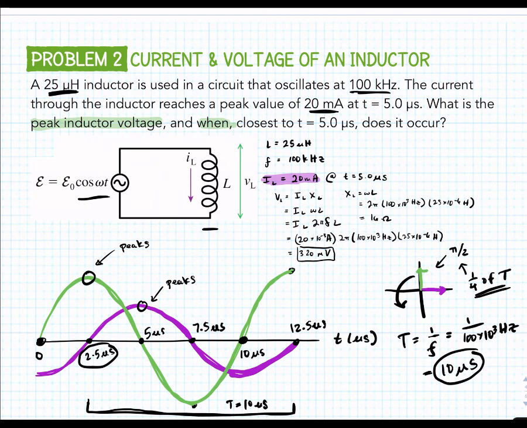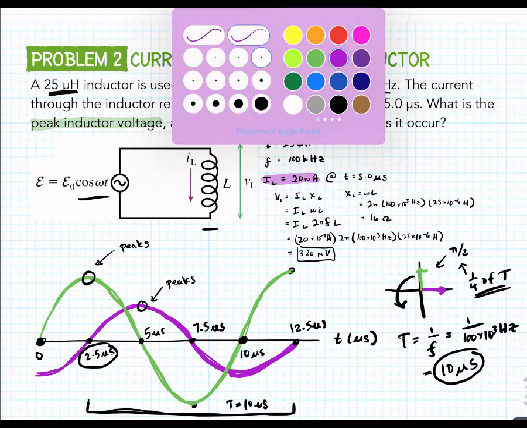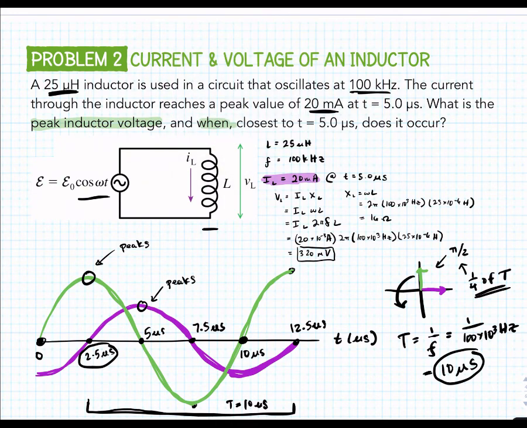So you'll have peaks at 5, 15, when's the next one? 25, 35, 45, because your current's going to peak at every period. A whole period is when you get back to the same value. If your voltage peaks at 2.5 microseconds, when's the next voltage peak? That would be 12.5 microseconds, and then 22.5, and then 32.5.